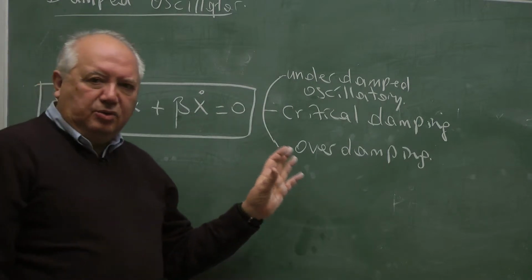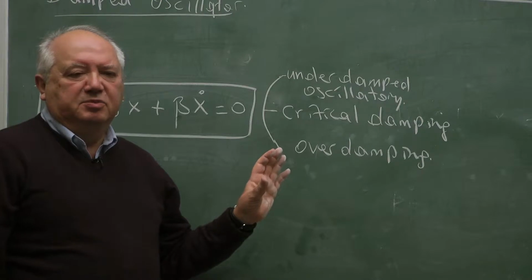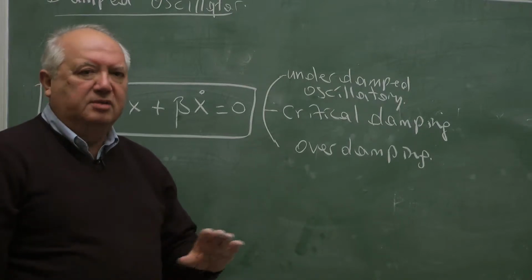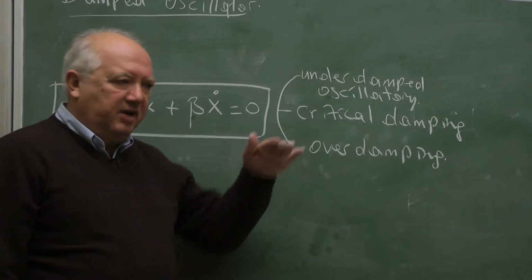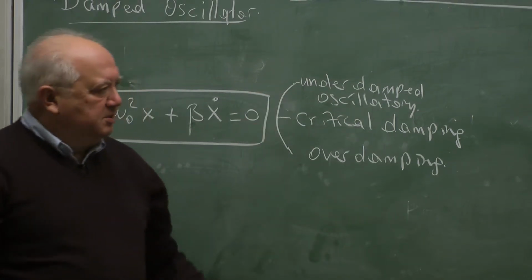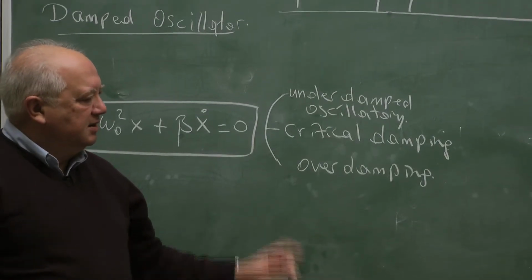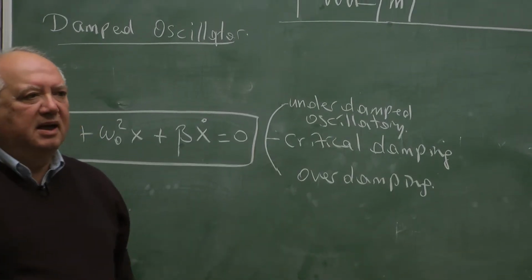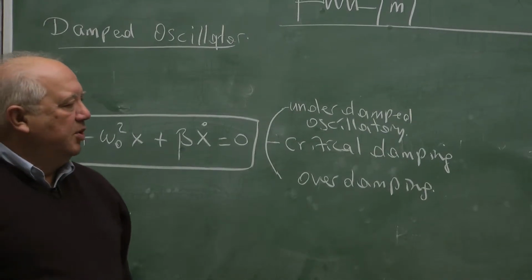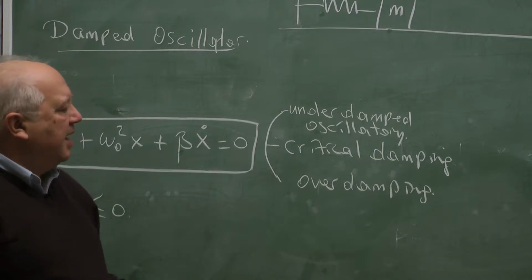I will not do the mathematics here, but I will give the mathematics as homework. You can find it if you scroll down the video, you can click and get to the homework and study all these 3 cases.